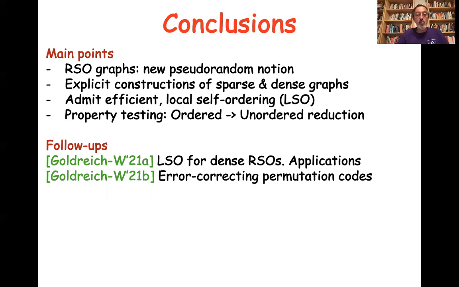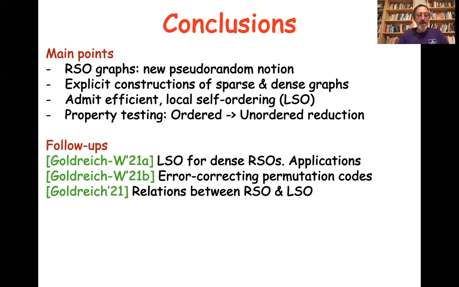results were pretty poor. We get constant rate permutation codes with efficient encoding and decoding procedures. So basically we solve the general problem for these codes.